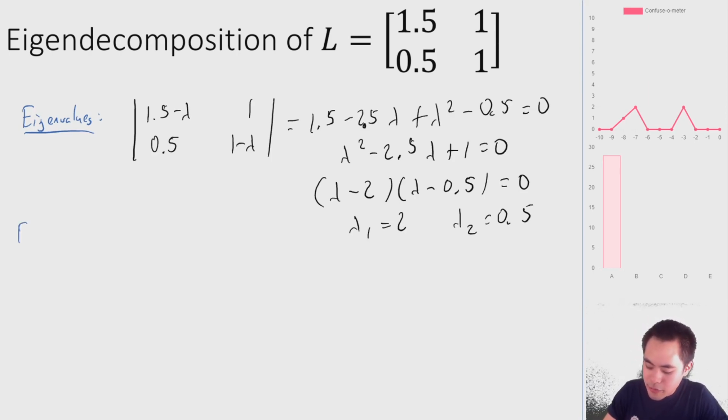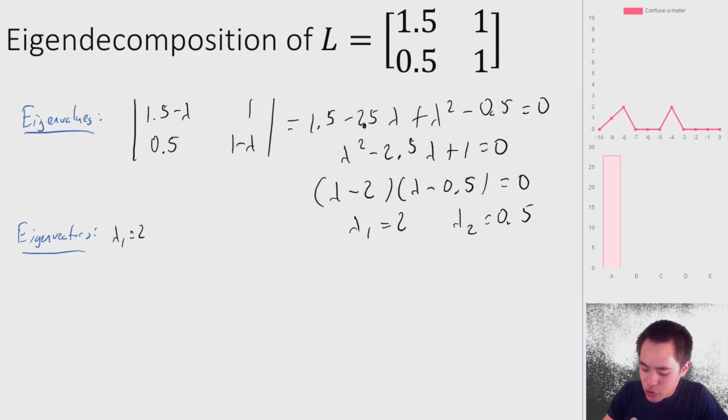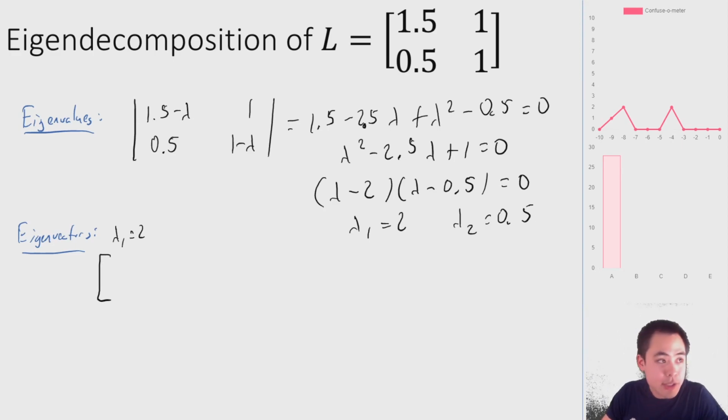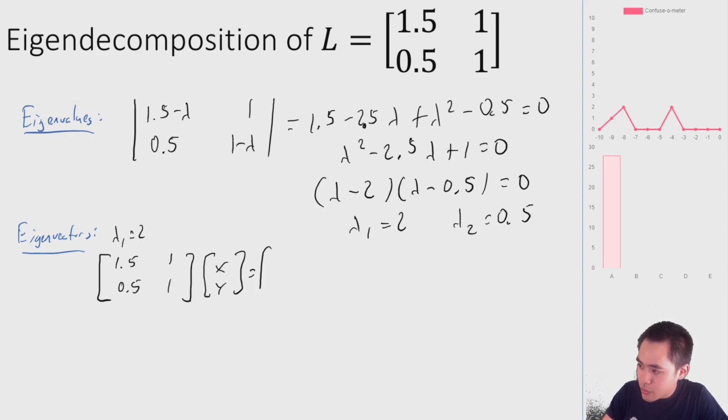In order to get the eigenvectors, well, we have two of them. So let's try lambda 1 equals 2 first. That gives you the matrix 1.5, 1, 0.5, 1 times (x, y) equals (2x, 2y).